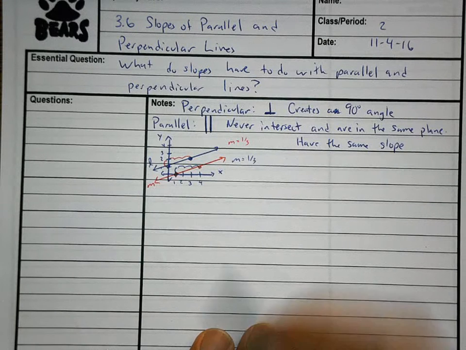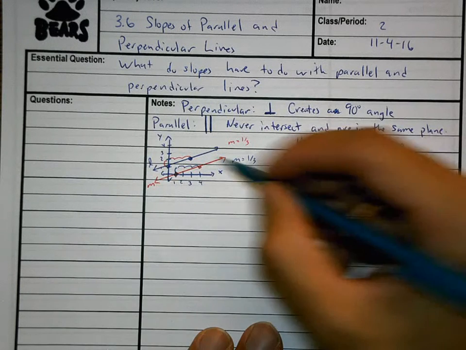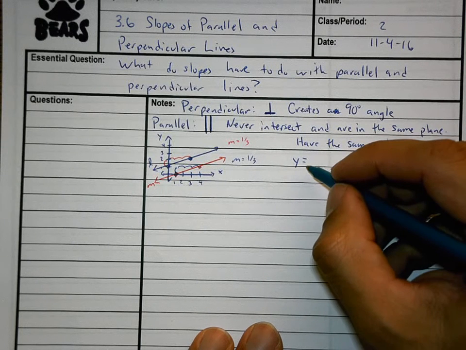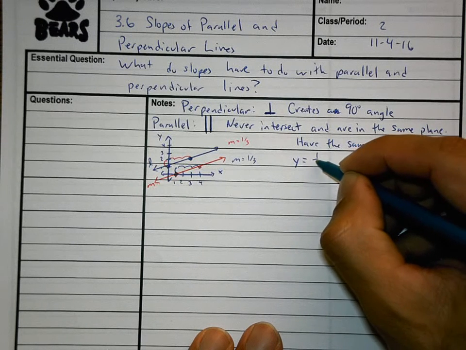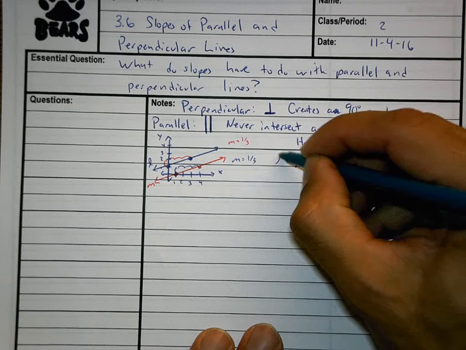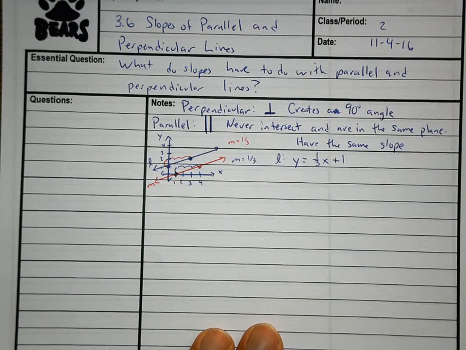So if I think about this blue line, line L, that's the equation y equals 1/3 x plus 1. That's line L. Line M, on the other hand, this one's going to be an interesting one because the y-intercept is a fraction.